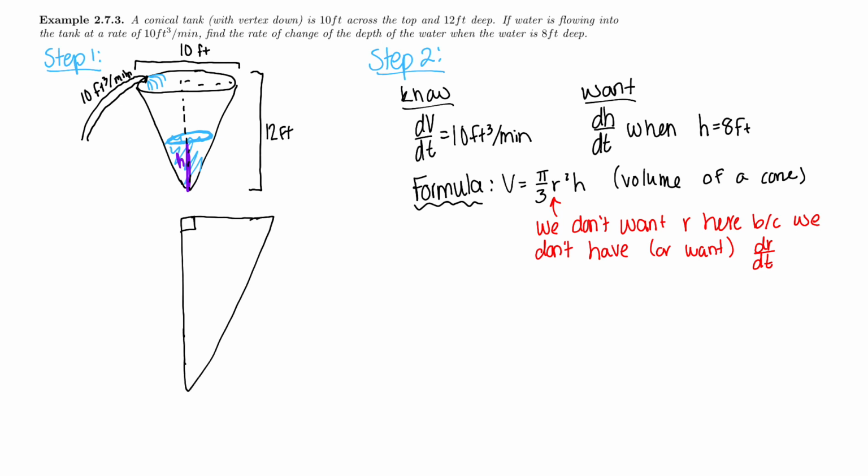This is the cone. Right, this big right triangle. And it is 10 feet across the entire top of the cone, so it would be 5 feet across the radius of this if I drew a cross section here. And the height of this tank is 12 feet. So this is the tank.